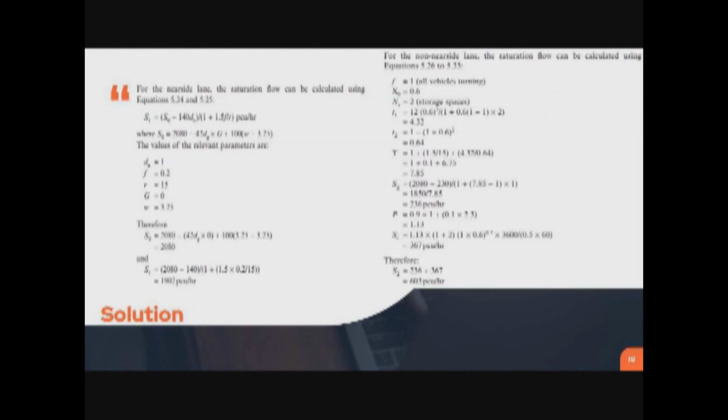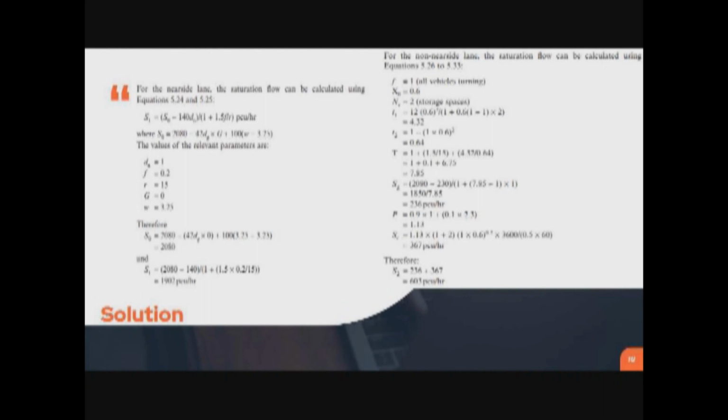Okay, so solution. For the near side lane, the saturation flow can be calculated using equations 5.24 and 5.25. So these equations are the S sub 1 and the S sub 0. The values of the relevant parameters are D sub n, which is equal to 1.1 because this is the near side lane. So we have F is equal to 0.2, R is equal to 15, G is equal to 0, and W is equal to 3.25.